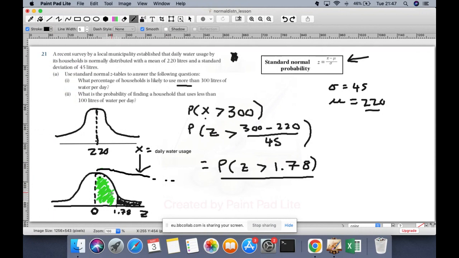And the green area we can find from our normal distribution table. So you go to your normal table in the back of your book, and you'll see there's a z value here. Your z values go down vertically and horizontally. So let me open the textbook.